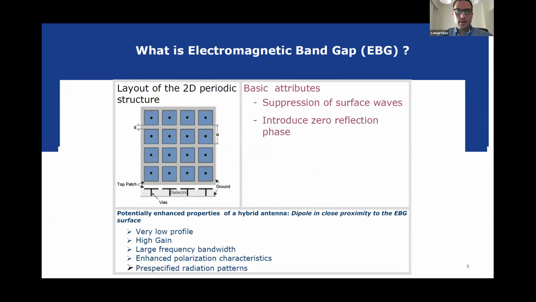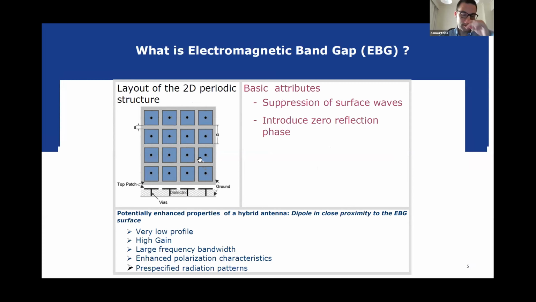Secondly, let's explain what electromagnetic band gap structures are. They belong to the wider family of metamaterials. They are two-dimensional periodic structures consisting of identical and equispaced metallic patches, and you can see these are the blue patches.